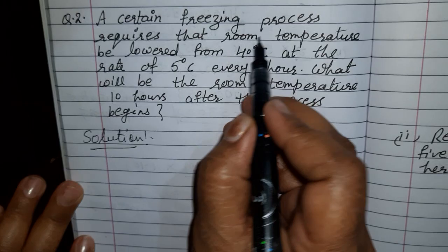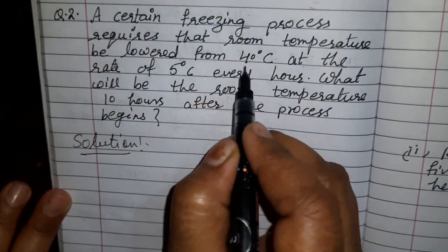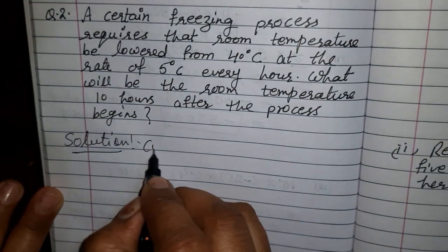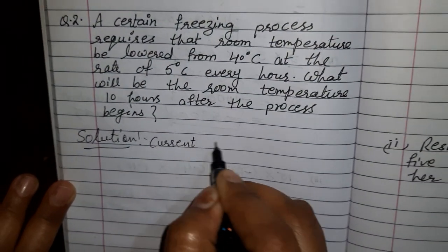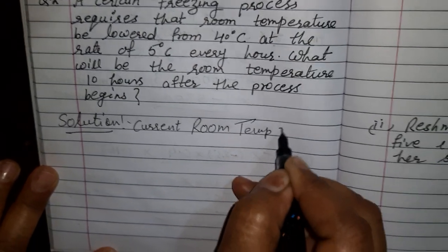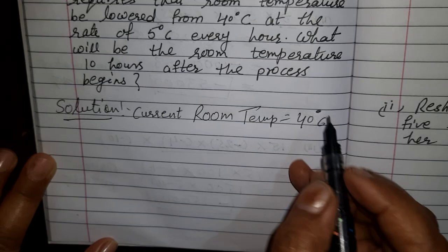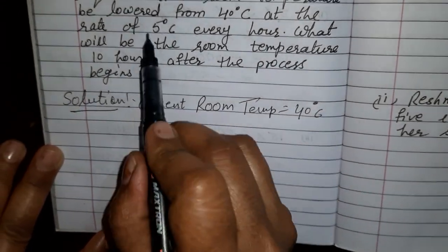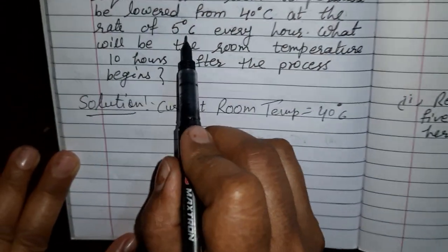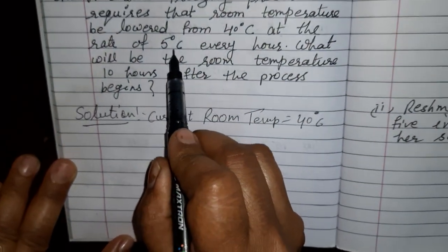So the freezing process requires that room temperature be lowered. Okay, so what is the current room temperature? Current room temperature is equal to 40 degrees Celsius. Okay, now it is decreasing at the rate of 5 degrees Celsius every hour, meaning in 1 hour it decreases 5 degrees Celsius.